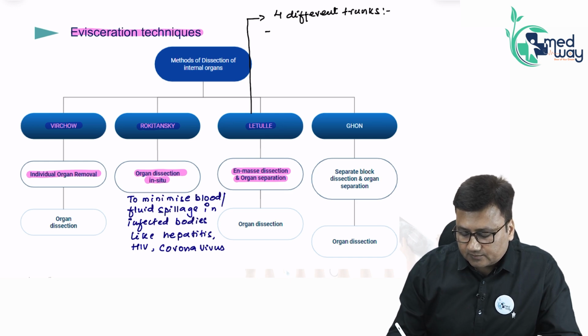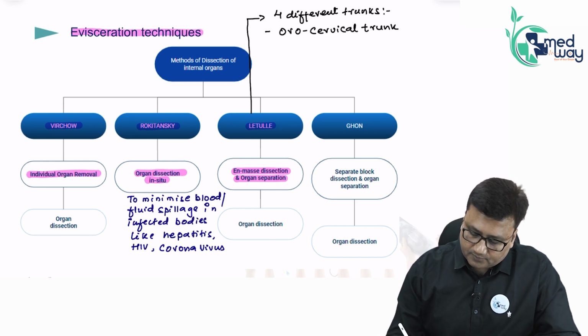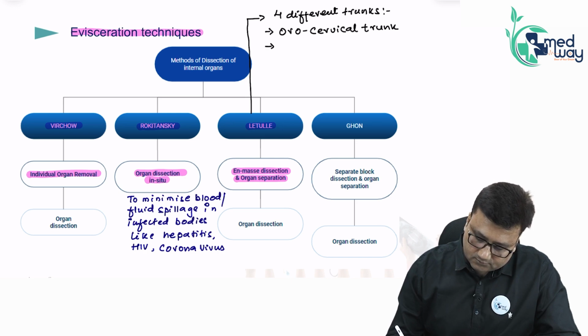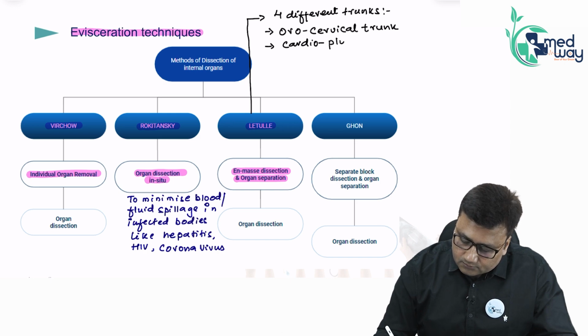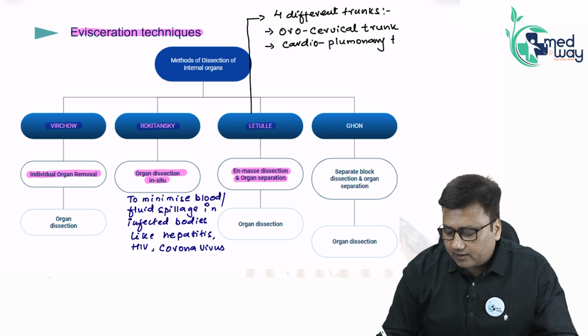The first one is oro cervical trunk. The second one is cardio pulmonary trunk.